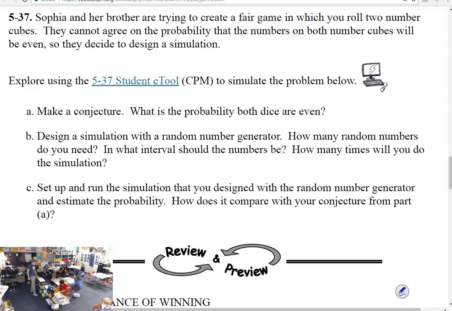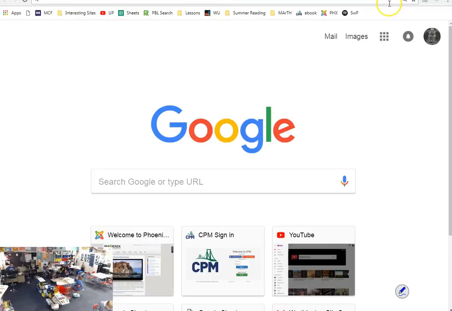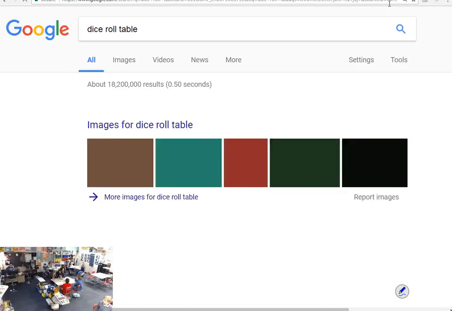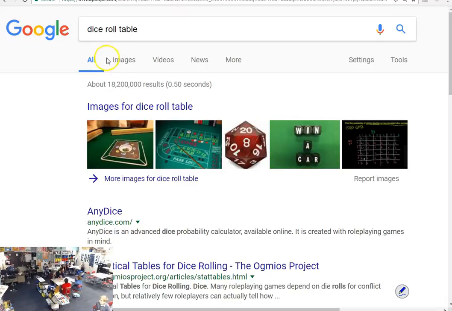So we roll 2 dice, right? What do we do with 2 dice once we roll them? What do you do once you look at the numbers? You add them up, right?